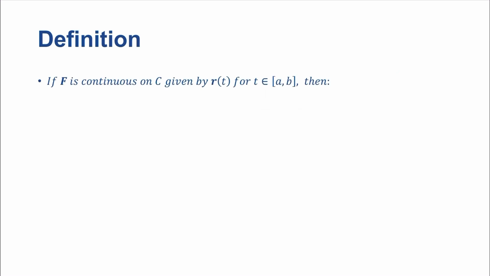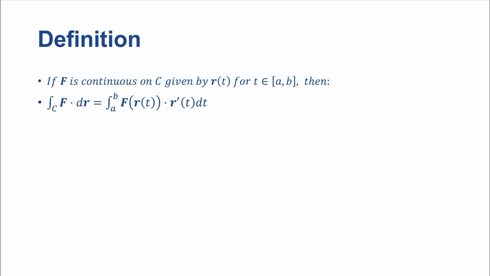So the definition that we have here is, say F is some continuous vector field on some curve C, and this curve C can be given by a parameterization vector function r of t, and t would be between some values a and b. Then we can say that the integral of F dot dr is equal to the integral from a to b of F of r of t dotted with r prime of t dt.